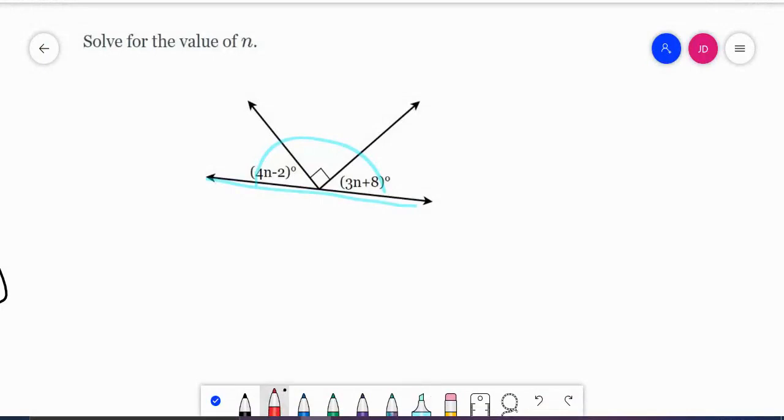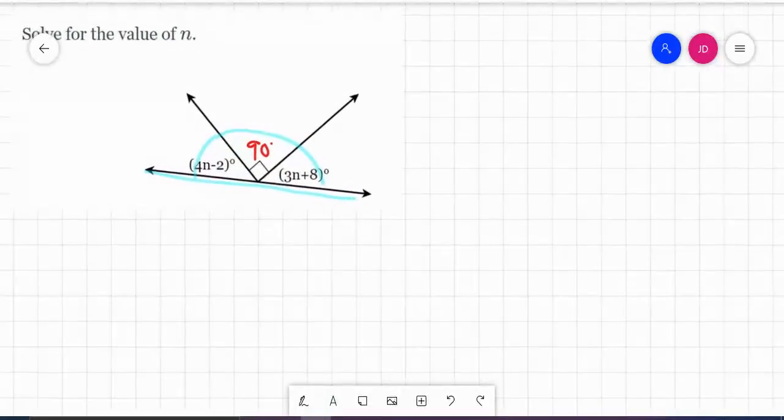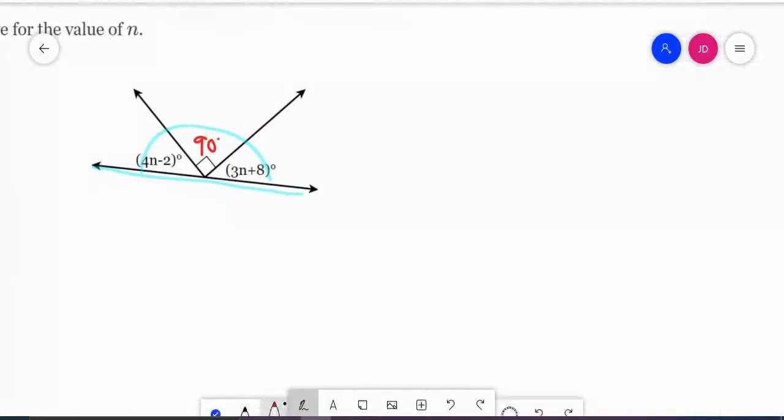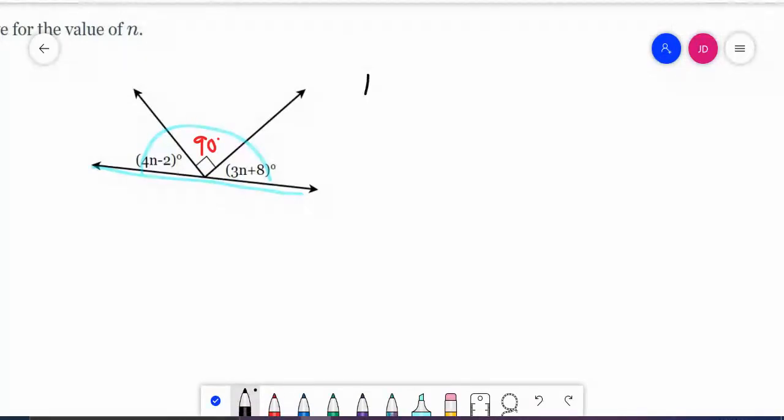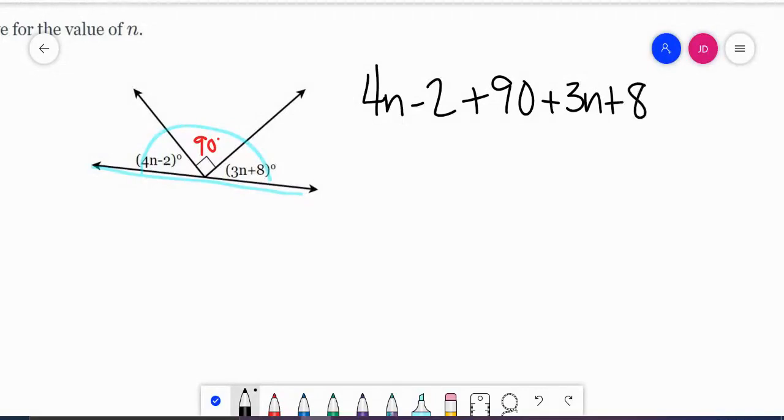And remember, this is 90 degrees. So when I make my equation, let me give myself some room here. I'm going to add all these numbers together. 4n minus 2 plus 90 plus 3n plus 8. And that's going to equal 180 degrees.